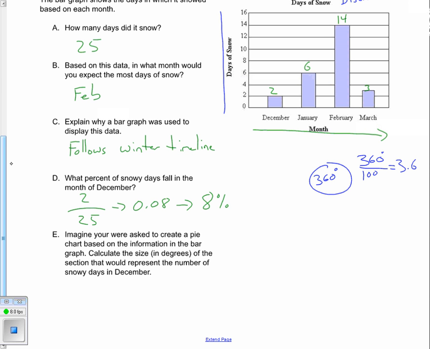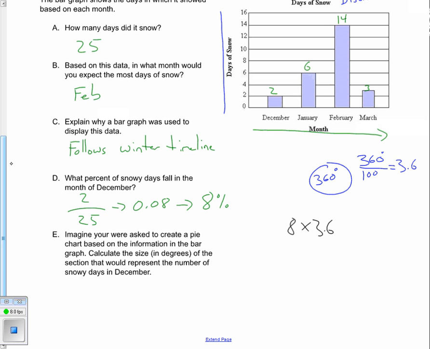Since it says calculate the size in degrees of the section that would represent the number of snowy days in December, and I know that 8% of the winter happens in December, I would multiply the 8% by 3.6.